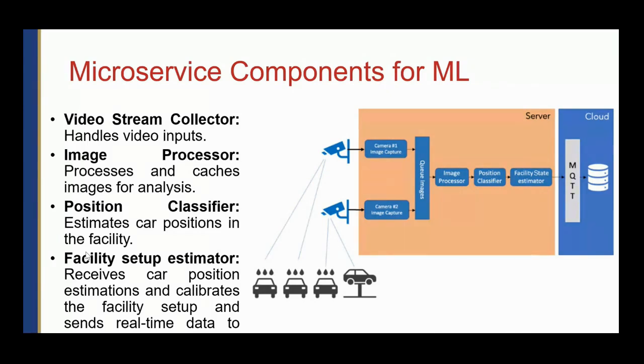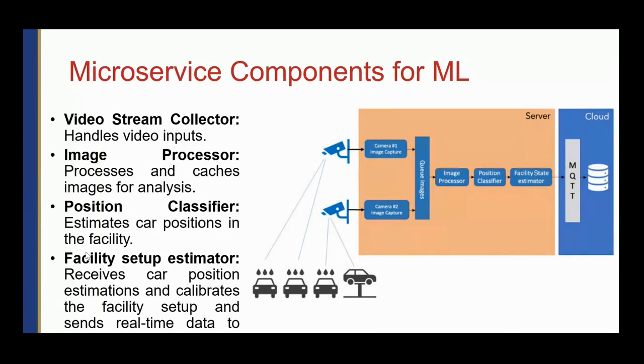Each model has its own module and works on that. First, the video stream collector handles the video inputs from the image capturing system, and the image processor processes them. They have some machine learning mechanisms and a cache memory for the images for analysis. And we also determine the position for each image, which is done with the position classifier.